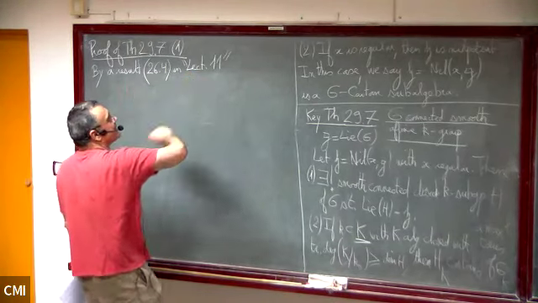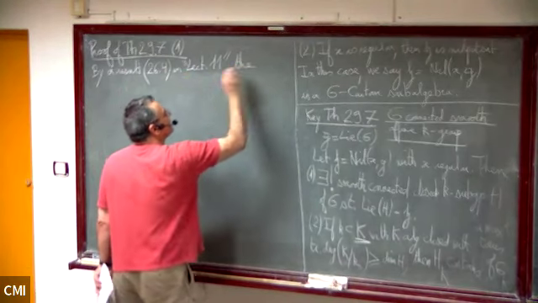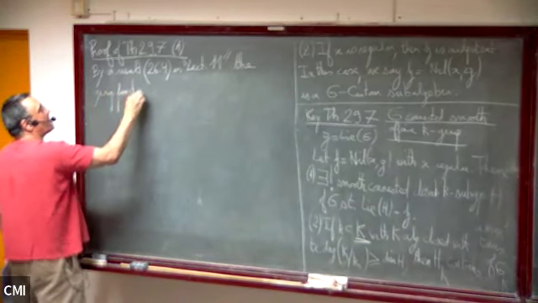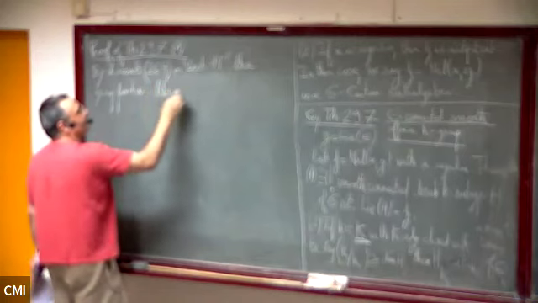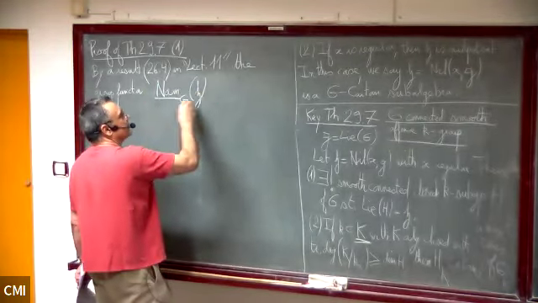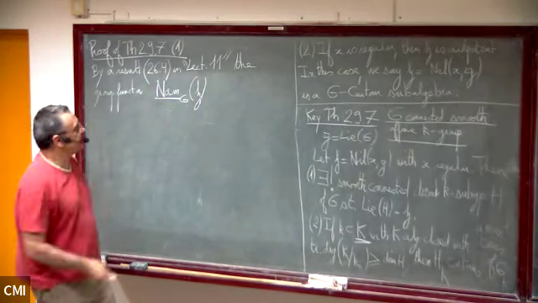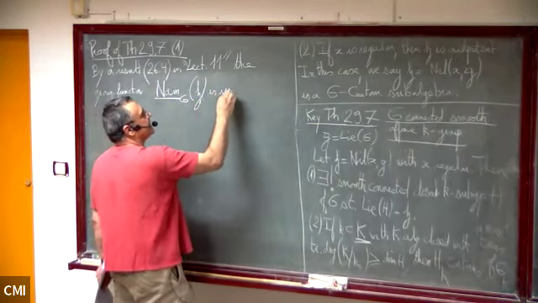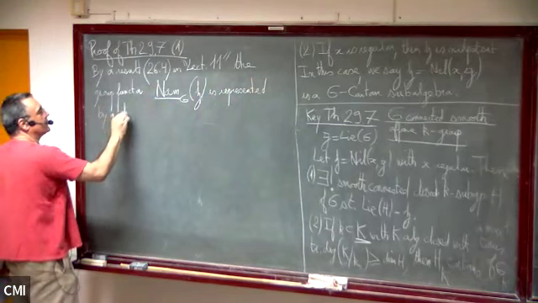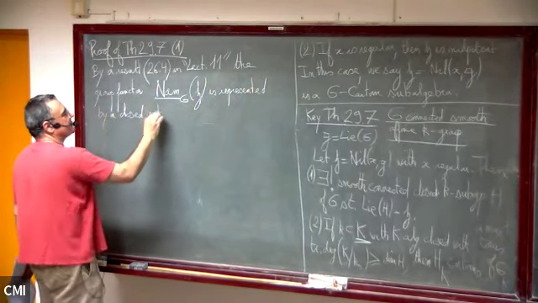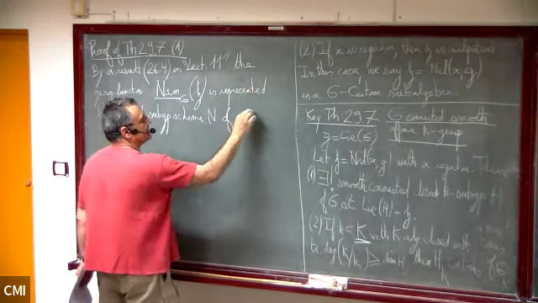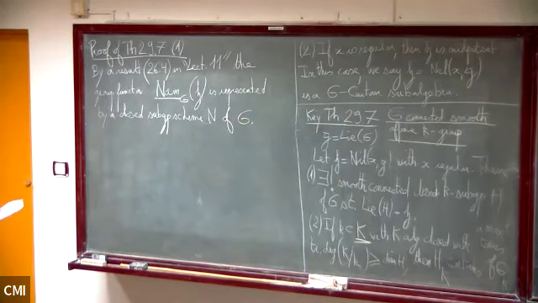So by some technical result from this lecture, the group functor, the normalizer in G of H, which is defined analogously to centralizers, is represented by a closed subgroup scheme N of G.